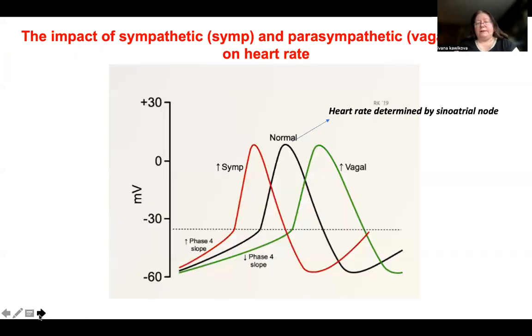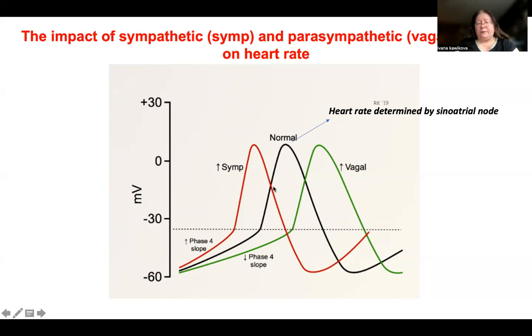So then we said that the cardiac output is also affected by the heart rate. And here you see the impact of the sympathetic system and parasympathetic system on the pacemaker's activity, right? So here we have the action potential of a pacemaker, usually the sinoatrial node.